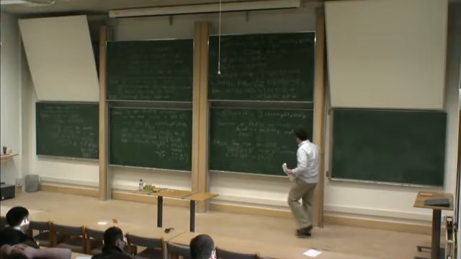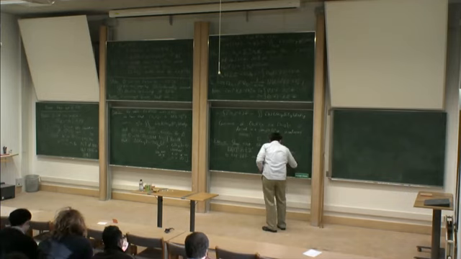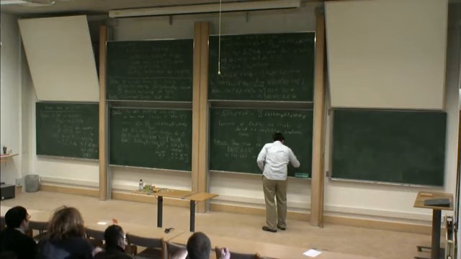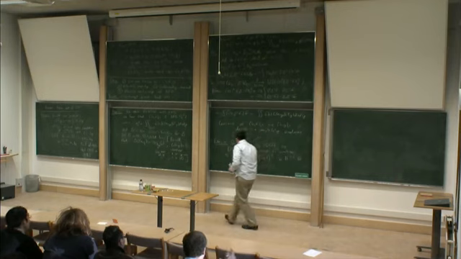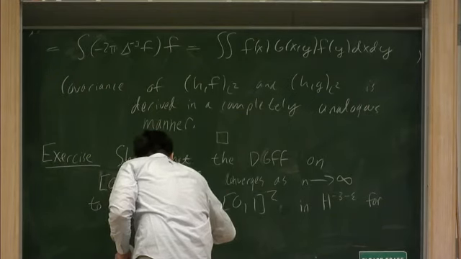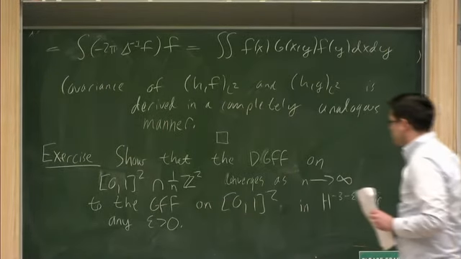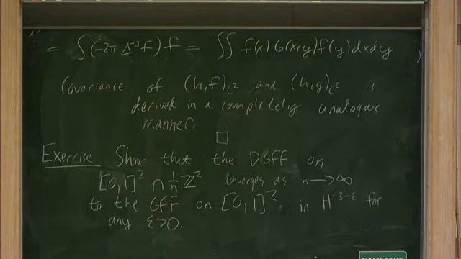You can do this in H minus 3 minus epsilon for any epsilon positive. With respect to that topology, or you can also just do it in the space of distributions. You can use a weaker topology.